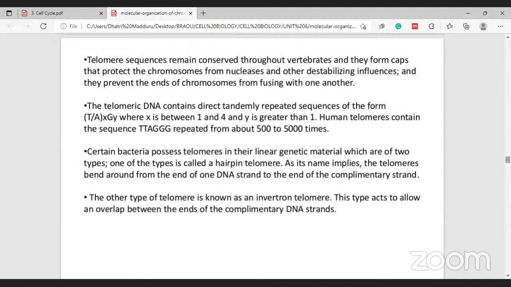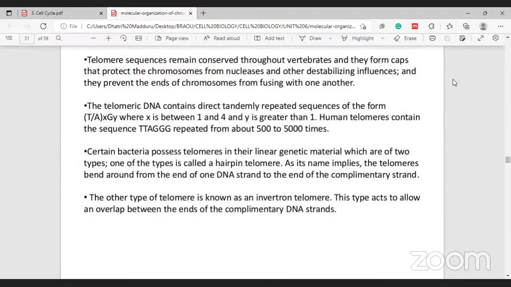The name itself suggests it looks like a hairpin, that means it has a bend where the complementary strand is present. The other type is called the invertron telomere. Here there is an overlap between the ends of the complementary DNA strands, which means inversion is possible.